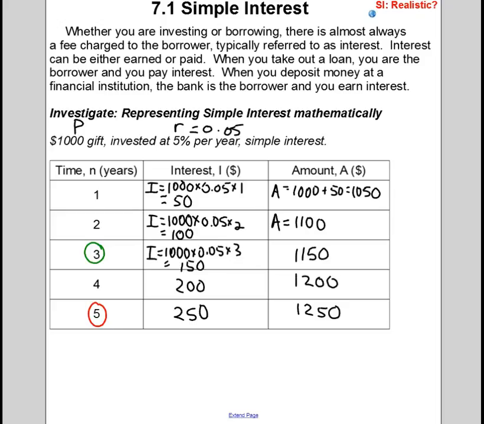The principal is always calculated at the $1,000 value. We'll look at 7.2 next lesson, where we see that the interest gets multiplied or compounded into the calculation as we go. So this is a simple way to just explore investments and borrowing money for loans.